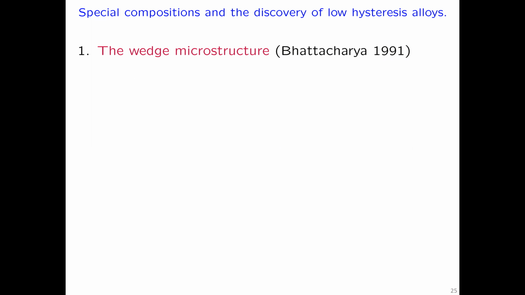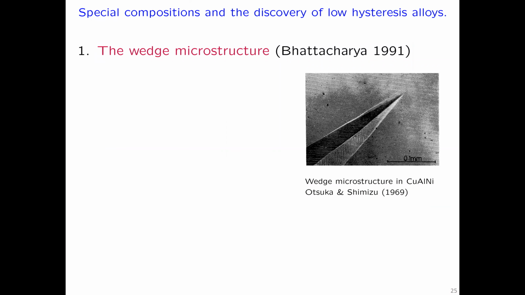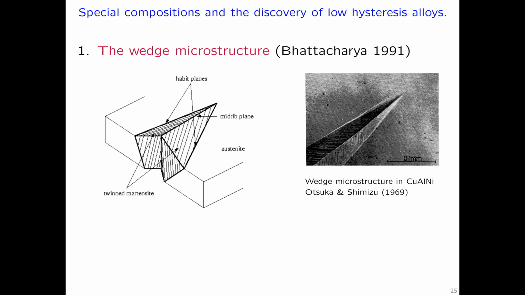Okay, now there's another very interesting story about special compositions. This began with a student of Dick James, Bhattacharya, who studied the wedge microstructure. So what it looks like is austenite outside the wedge, and then there are two laminates of martensite, which on the one hand fit onto the austenite, and on the other hand fit onto each other. Okay? This is a very common thing to see.